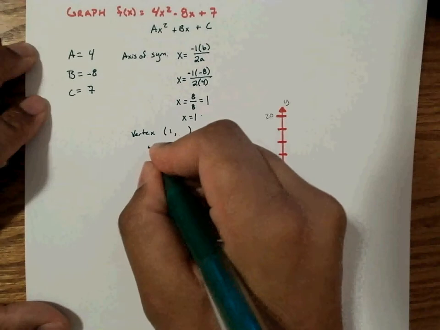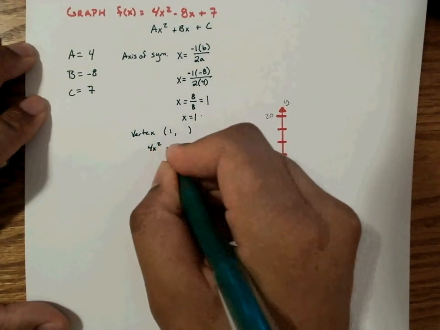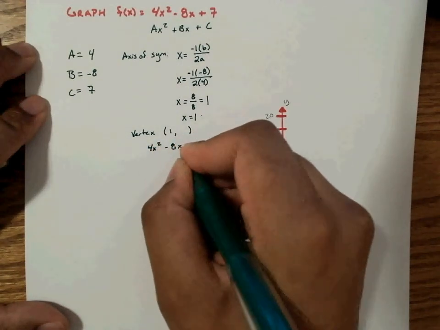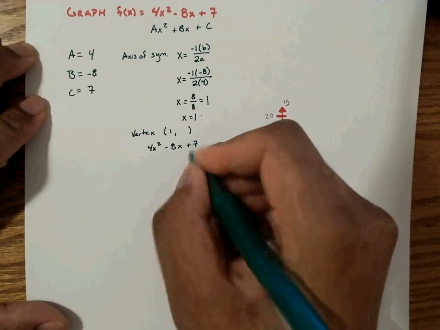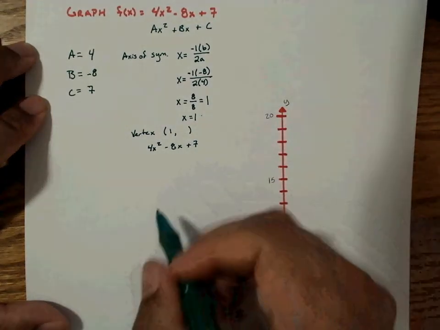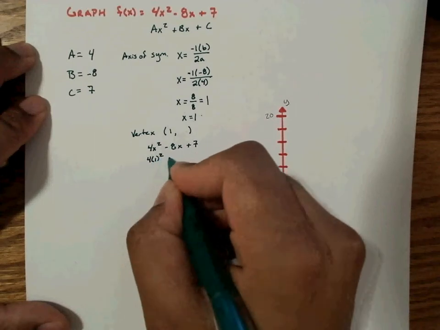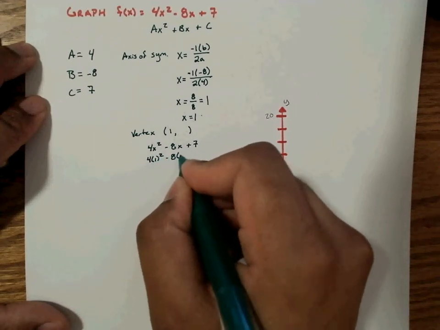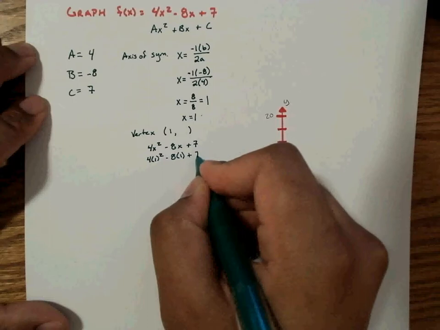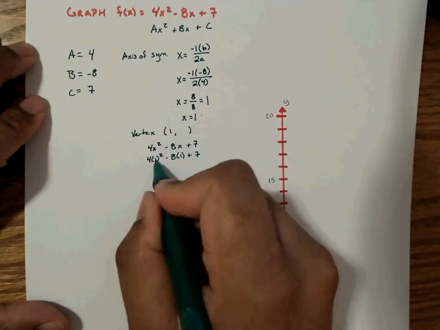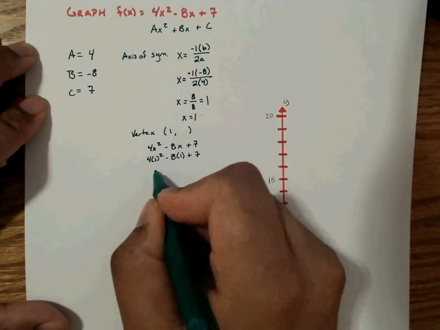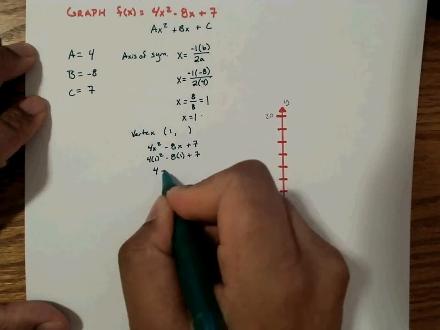So I'm going to write 4x squared minus 8x plus 7. And everywhere I see x, I'm going to plug in 1. So we have 4, and then we have 1 squared minus 8 times 1 plus 7. So we have 1 squared is 1. 1 times 4 is 4.